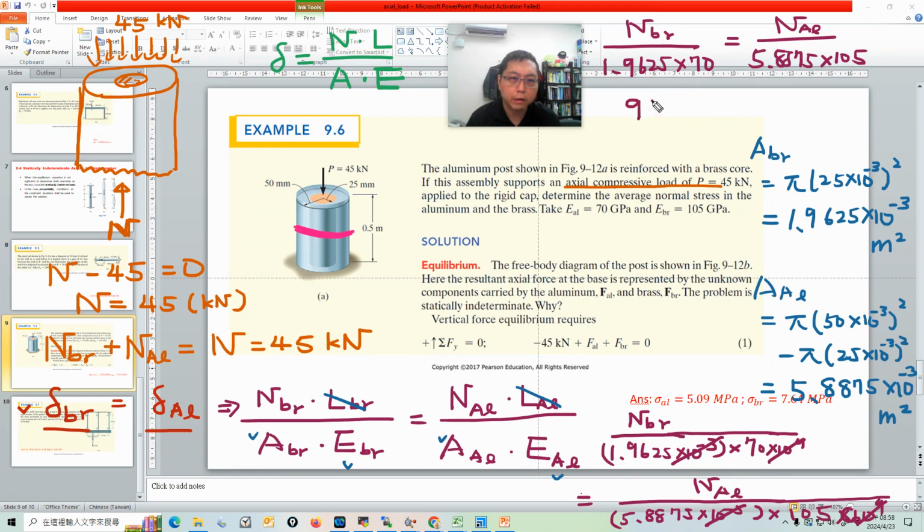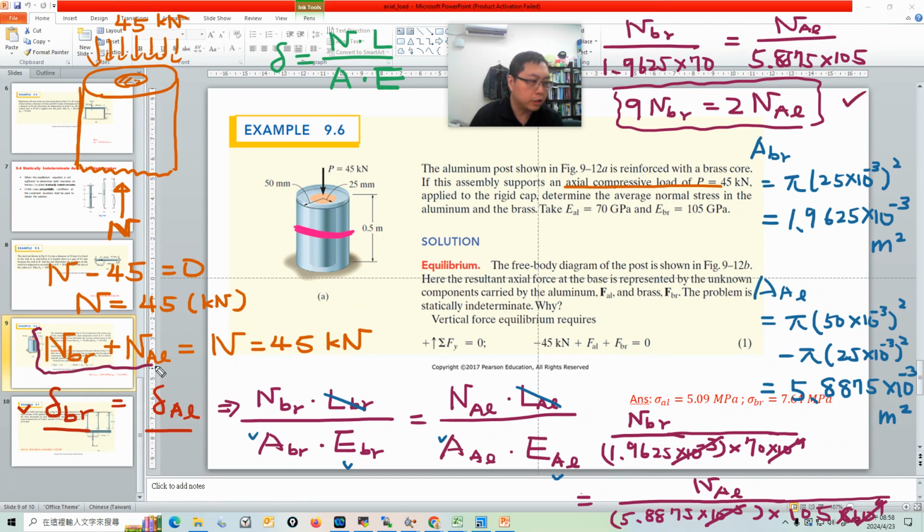I think it's 9 N_BR equal to 2 N_AL. I think you will get this relation. Then you have the initial equation N_BR plus N_AL equal to 45 kilonewton. And now from the compatibility equation, you got 9 N_BR equal to 2 times N_AL. So you use these two together.